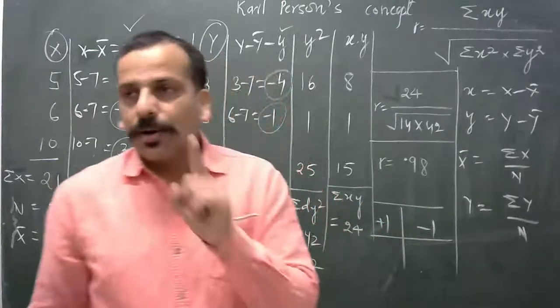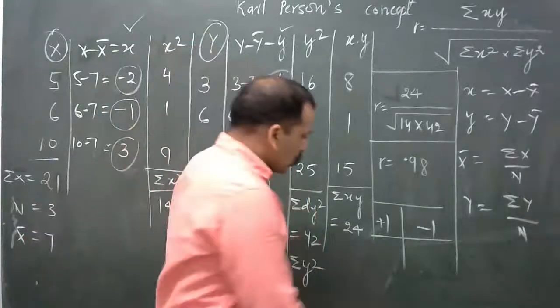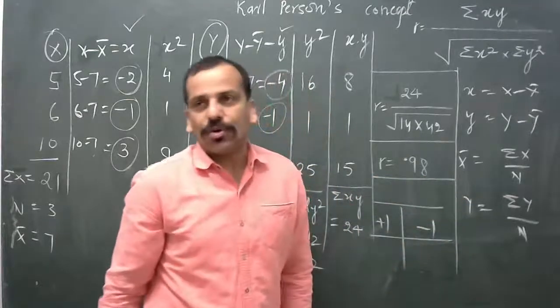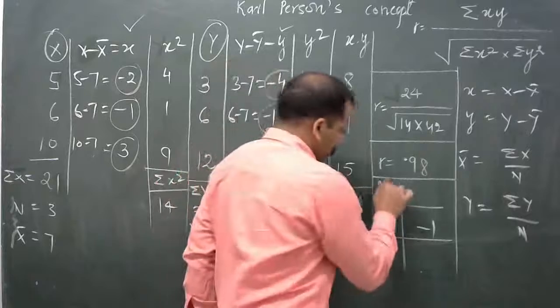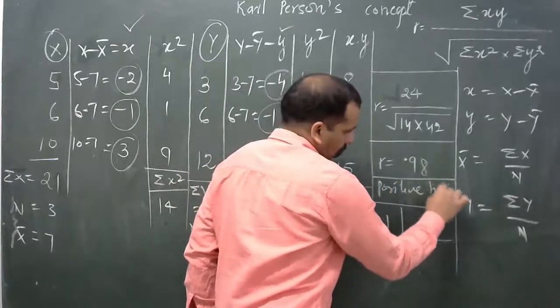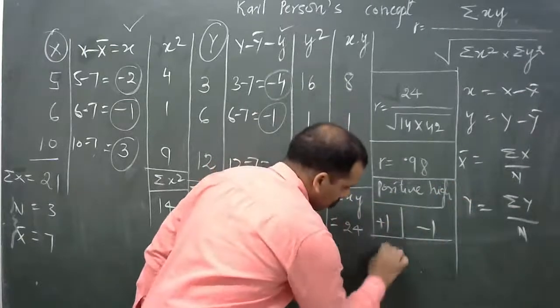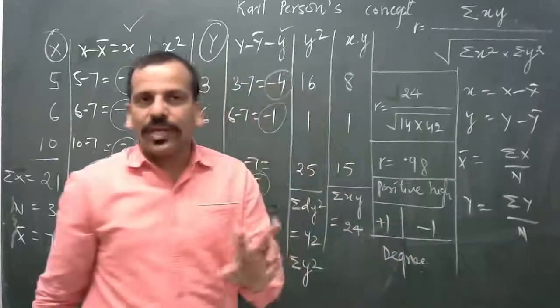So positive or negative? Positive. So you have to mention positive high degree correlation between the two variables.